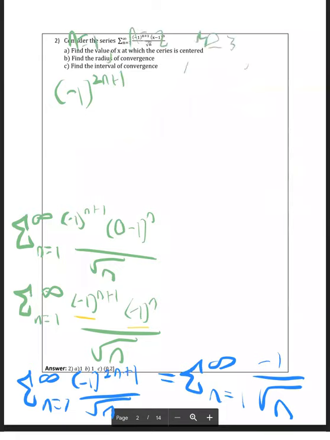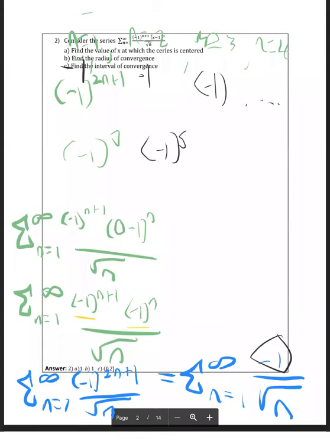When you plug in 1, you get -1 to the 3, which is -1. When you plug in 2, you get -1 to the 5, which is -1. When you plug in 3, you get -1 to the 7, which is -1, and so on. So it's always going to be -1, so I just wrote -1 there instead of all the exponents. Does that make sense? Yeah.